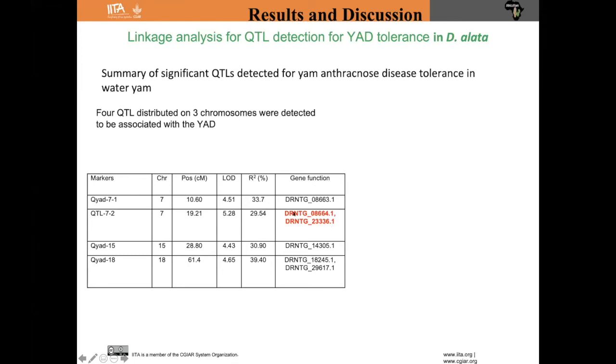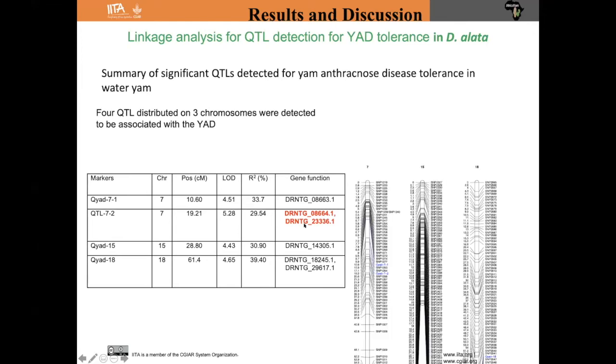So here we are currently focusing on these 2 genes because it has been reported in some other crop, in potato, that they are playing a very good role, especially in plant defense mechanism. So we are working towards validating this gene.